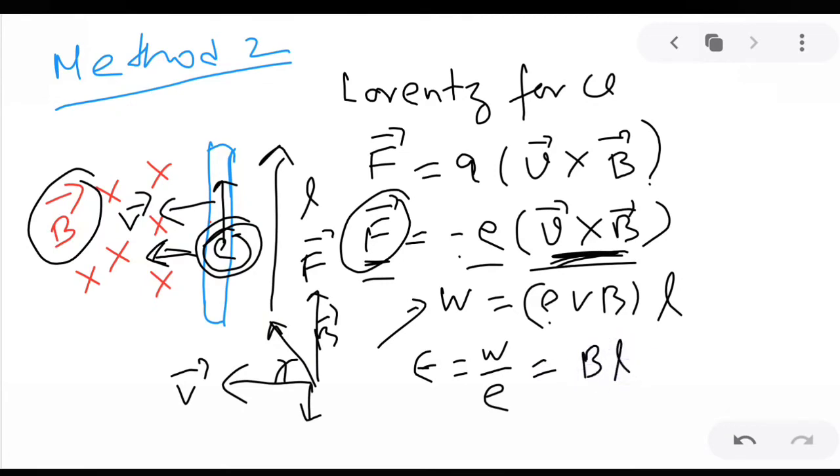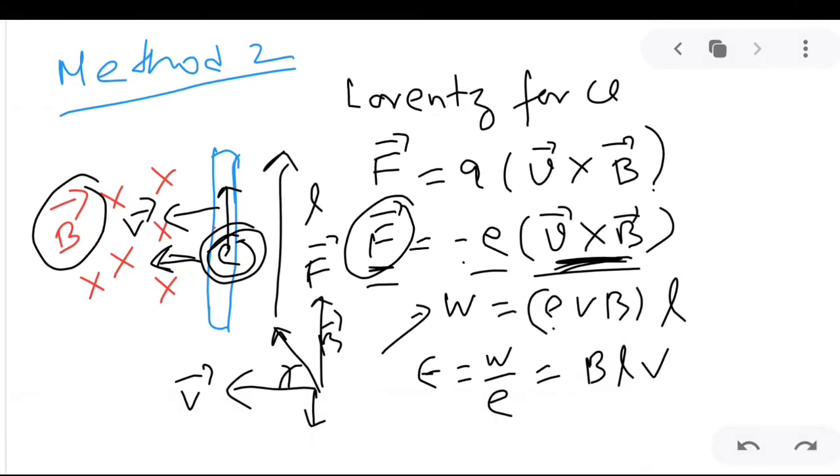B L V. So we have EMF equal to BLV. So this is another way of deriving the expression for motional EMF. Now there is one more approach to the same concept. Let us check the third approach.